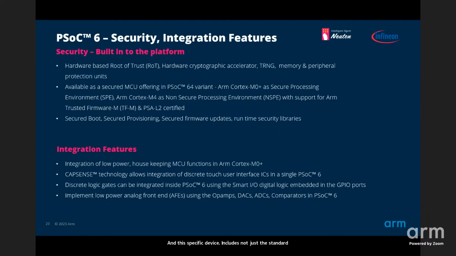So any custom analog front end could be implemented using the same PSoC 6 instead of having to use external discrete analog ICs. So these are the integration advantages offered by this device. And even the kit that is used is a small form factor kit that was used by Neuton for this demo as well.